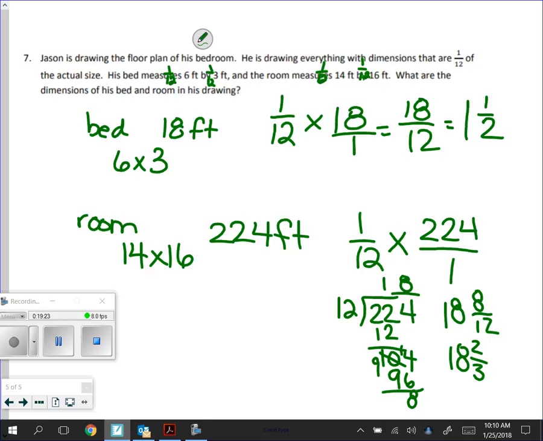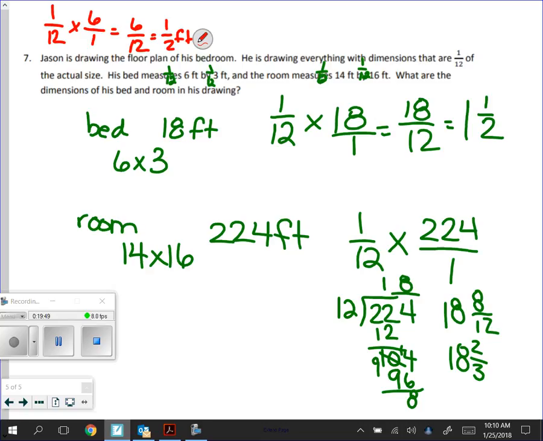So I could see merits in either one of doing all of the measurements. It's a whole lot of work. Doing all the dimensions. If you do 1/12 of 6, so that would be 1/2 of a foot.